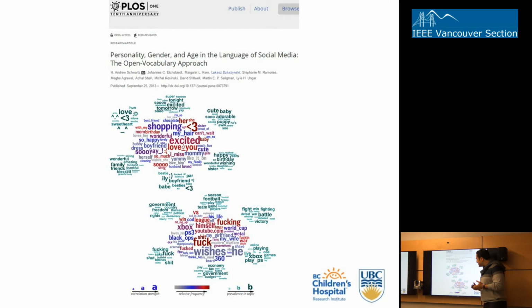So which cloud is male and which cloud is female? Text coming from the female. The one is male. And here it's like love, that's the most frequent word. The most frequent is shopping, excited, and the smaller the size, the less frequent, and so on.